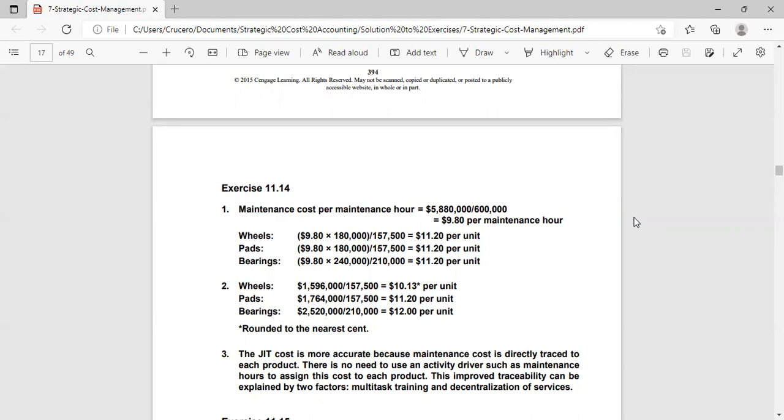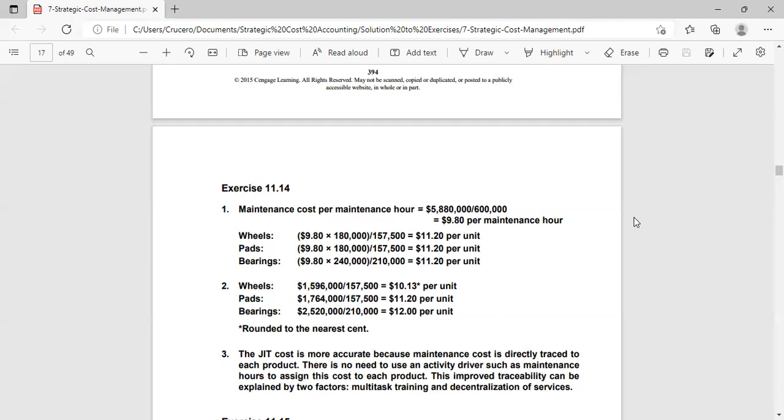So the rate is 9.80 per maintenance hour. And for the wheels, we multiply the number of maintenance hours. Here we have to multiply 9.80 by 180,000 maintenance hours and divide it by the number of units. So we get 11.20 per unit.